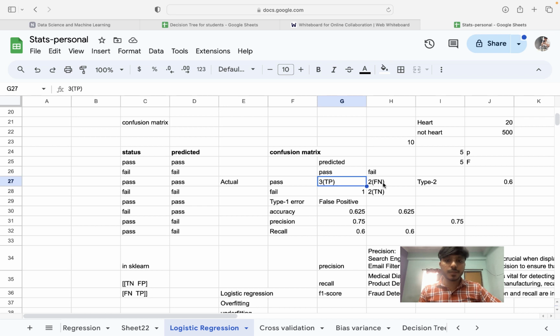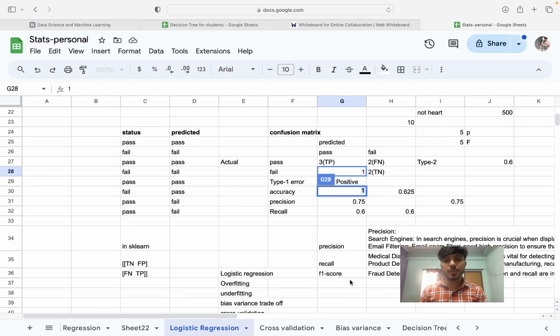So if you classify it as not heart disease, or not cancer patient, that will be detrimental for the patient's life, right? So to avoid that situation, you would want your model to make less number of errors over here for false negative. Whereas for precision, you want all the false positives to be as minimum as possible.